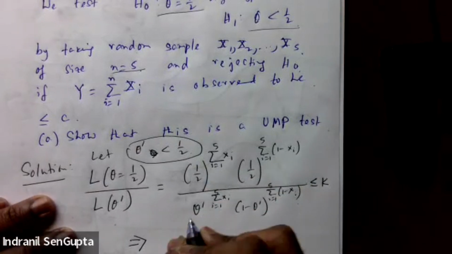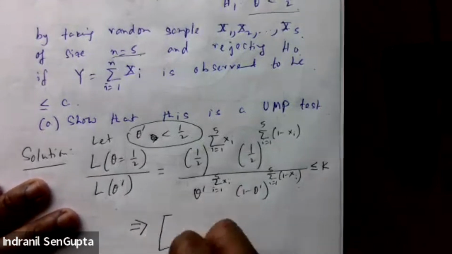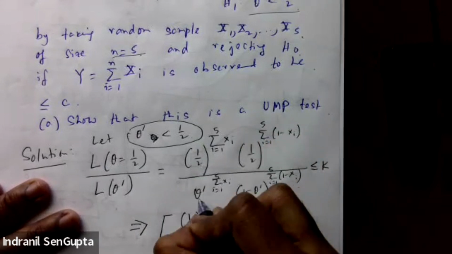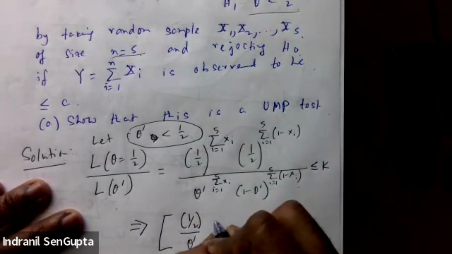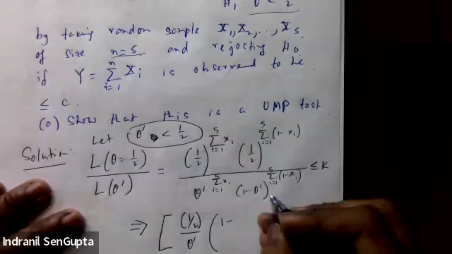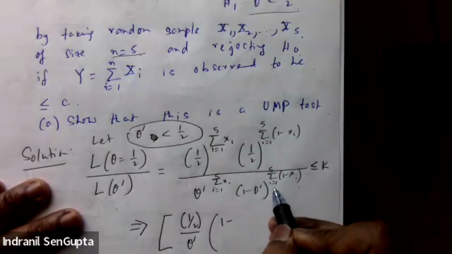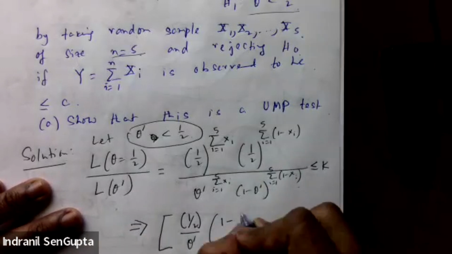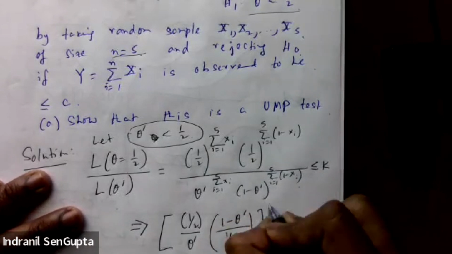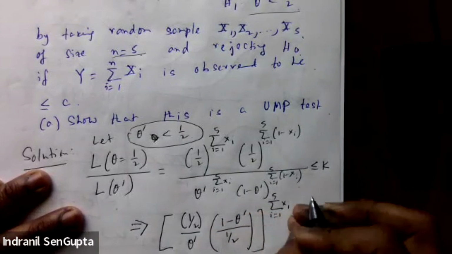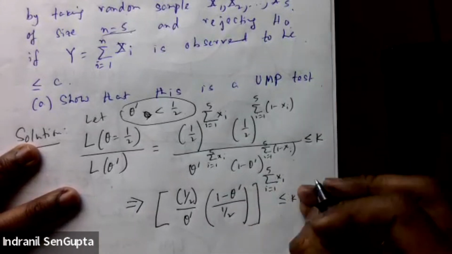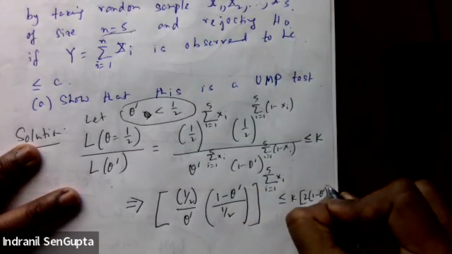If I simplify this, I find 1/2 over theta prime, and then 1 minus theta prime over 1/2, and then I write the summation i from 1 to 5 of xi, less than k times 2 times 1 minus theta prime to the power of 5.